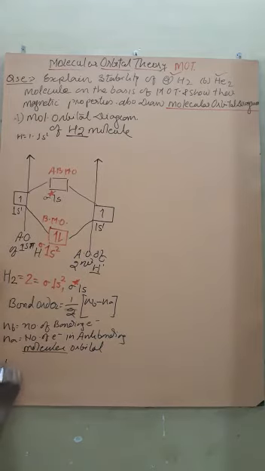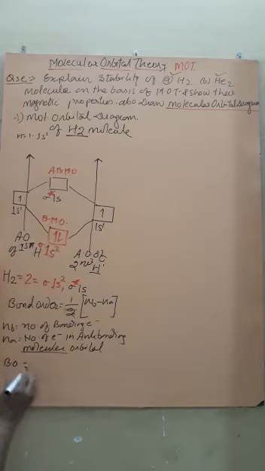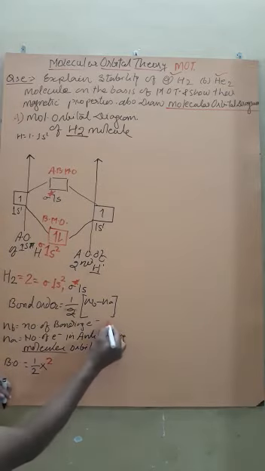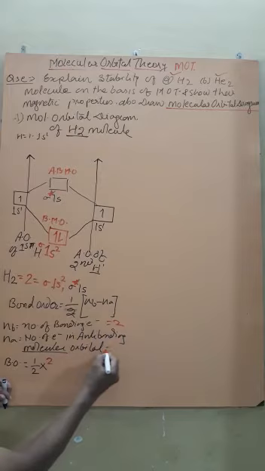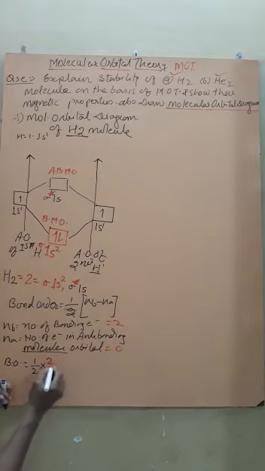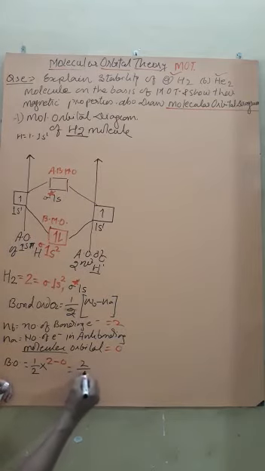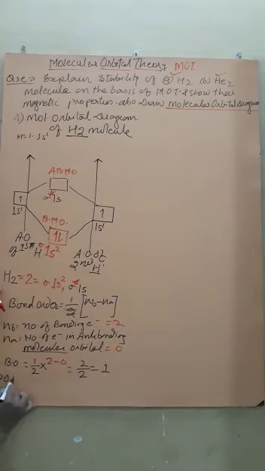So now the bond order becomes 1 by 2 into Nb. How many bonding electrons are there? 2 electrons, so you write 2, and you write 0 minus 0. So it is 2 upon 2, equal to 1. So the bond order is 1.